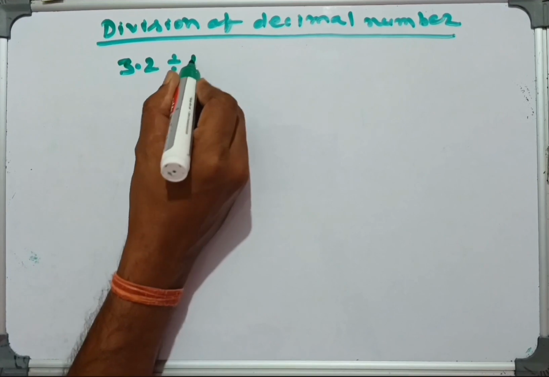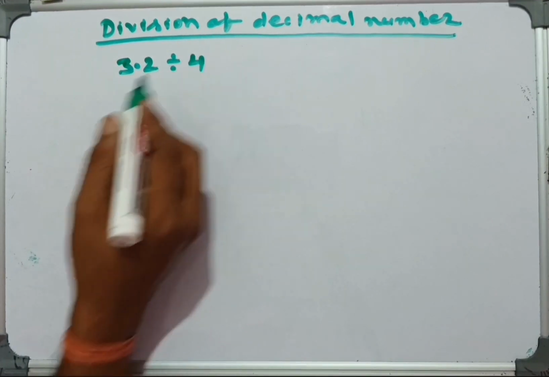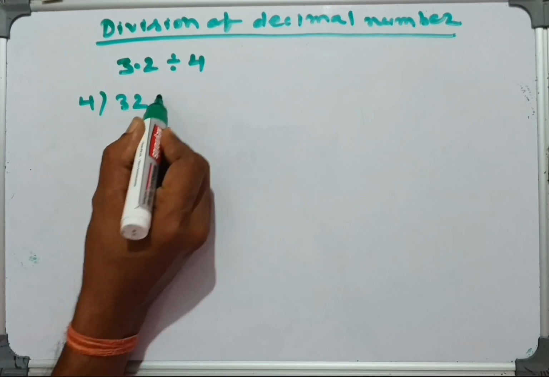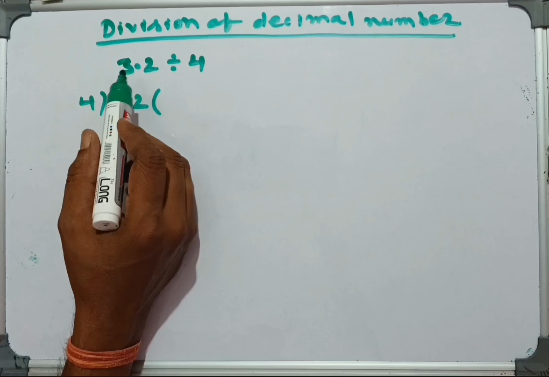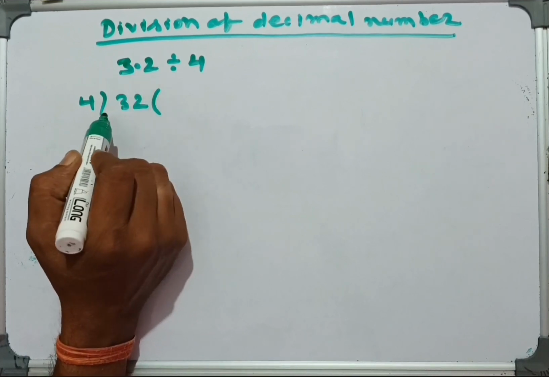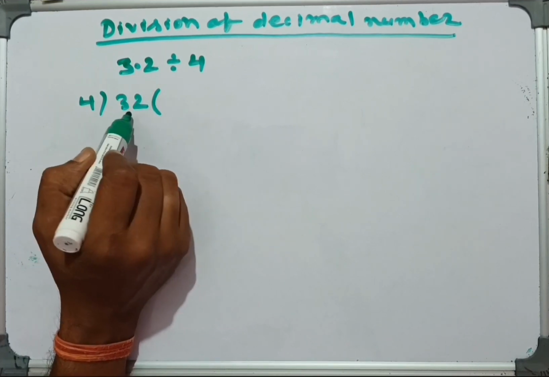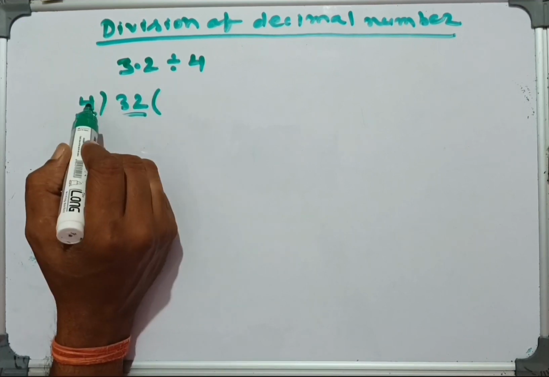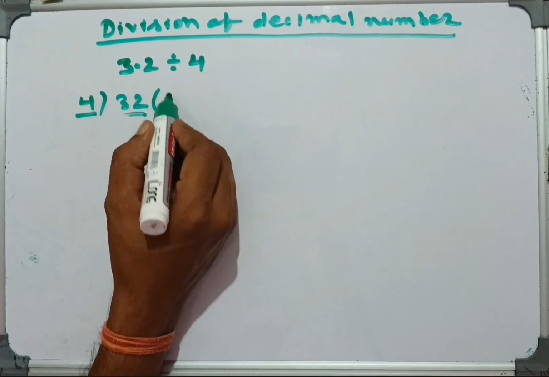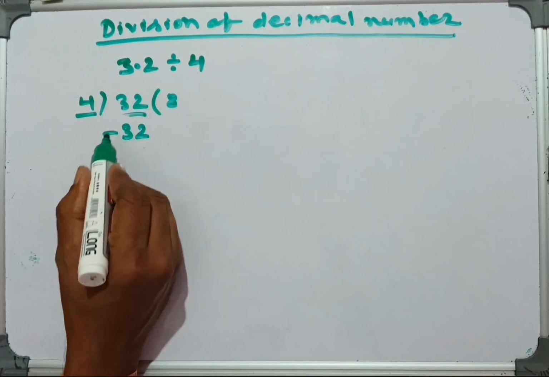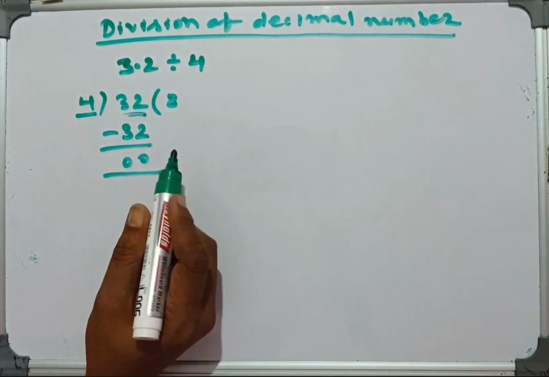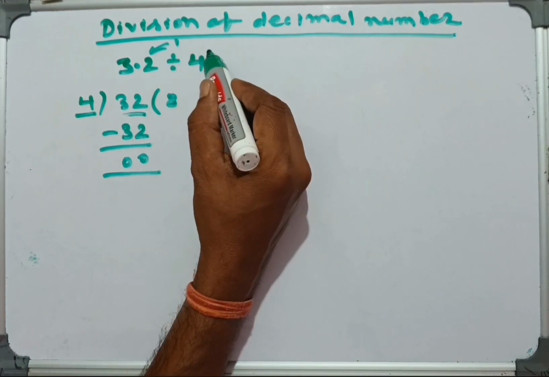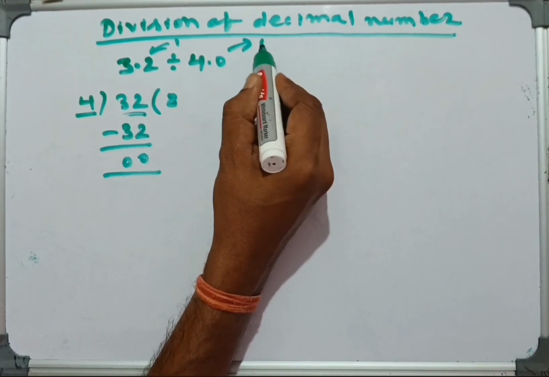Okay guys, now see another example. 3.2 divided by 4. So you will make the solution like this. What you have to do is simply write these numbers in whole number form. 3.2 equals 32 and 4 is equal to 4. Now 4 times 8 is 32, then 8, subtract, this is 0. See guys, this one has 1 decimal place and this one has 0 decimal places.